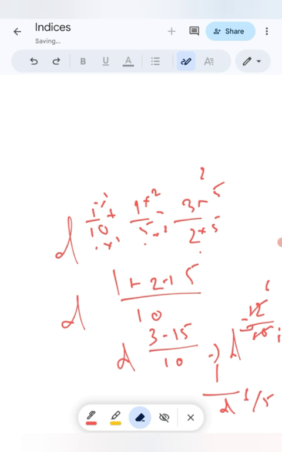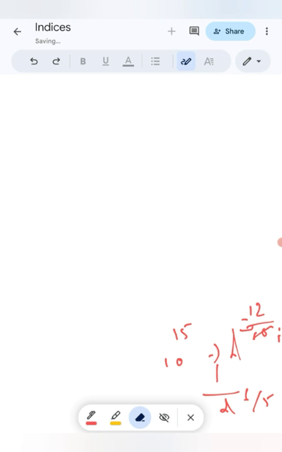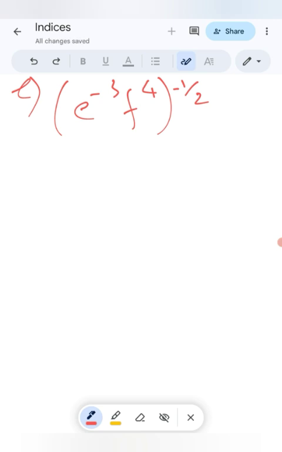Part E now. So the part E states that E raised to the power minus 3 F raised to the power 4 minus 1 upon 2. Okay. Now minus 3 into minus 2 makes a what? Positive 3 upon 2. 3 into 1 means a 3 and upon 2.